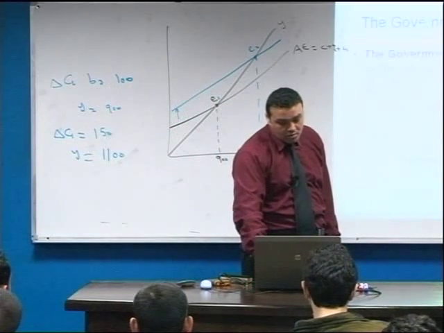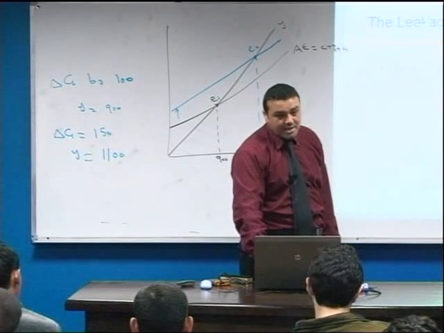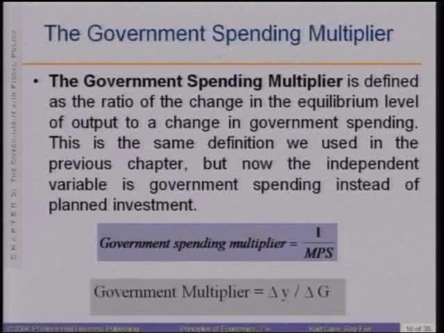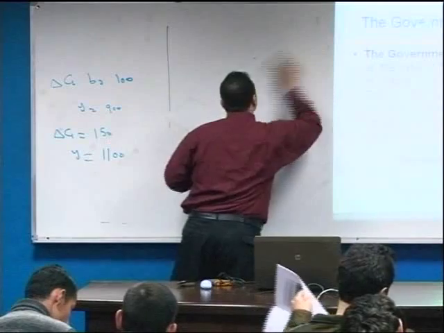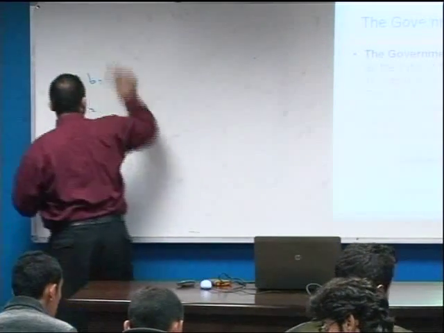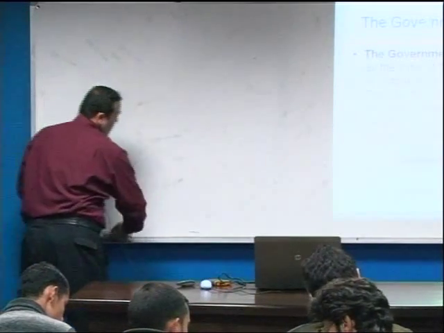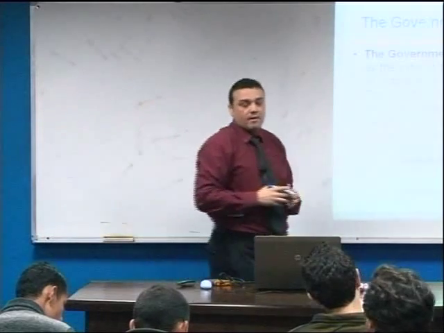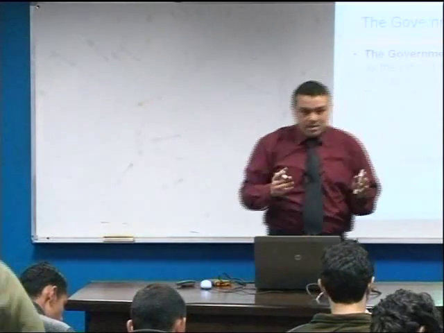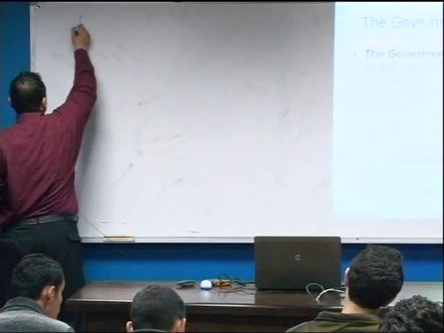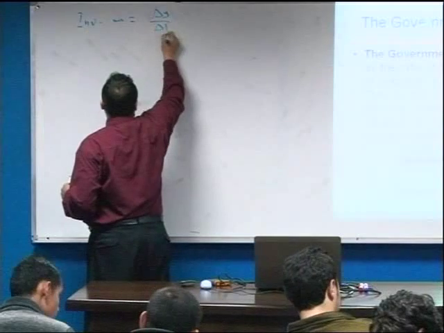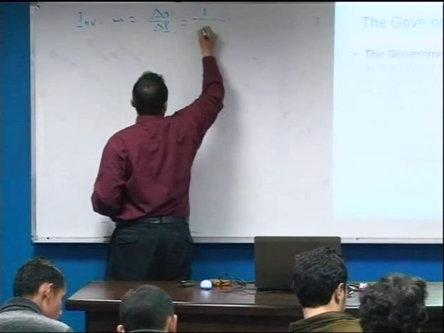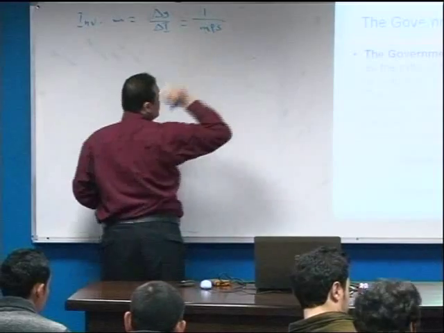Okay, let's go to the government spending multiplier. As we mentioned, the investment multiplier, delta Y over delta I, equals 1 over MPS, or 1 minus MPC.